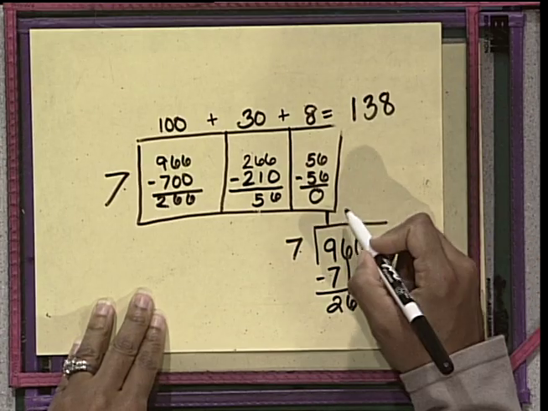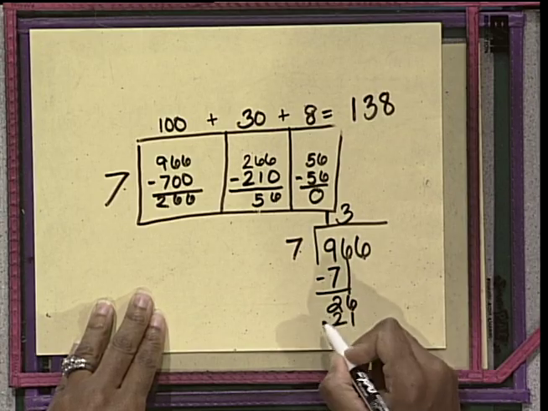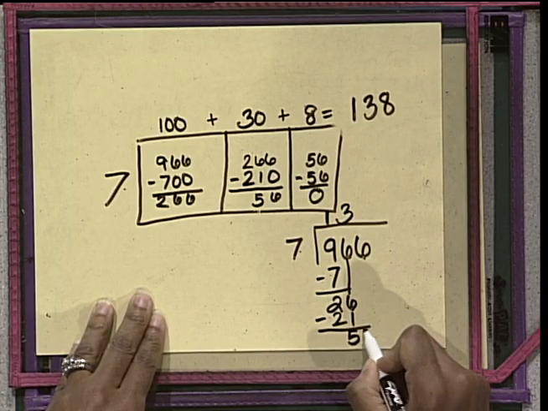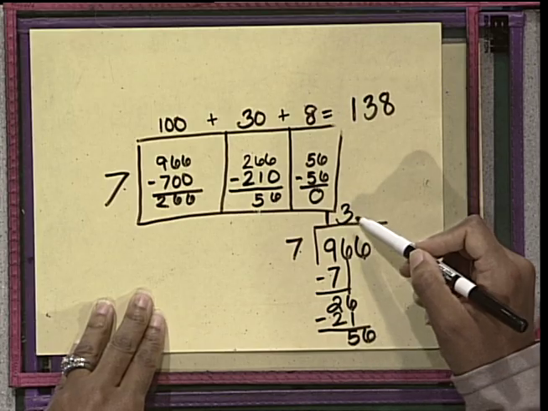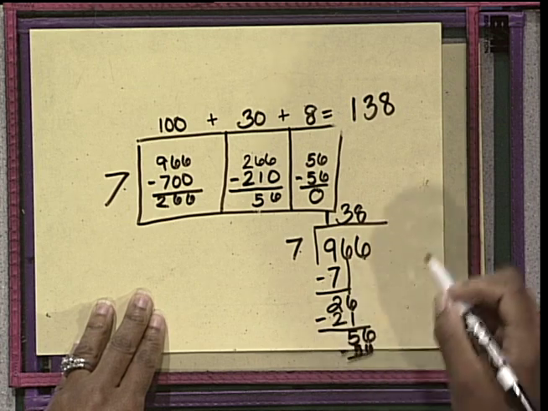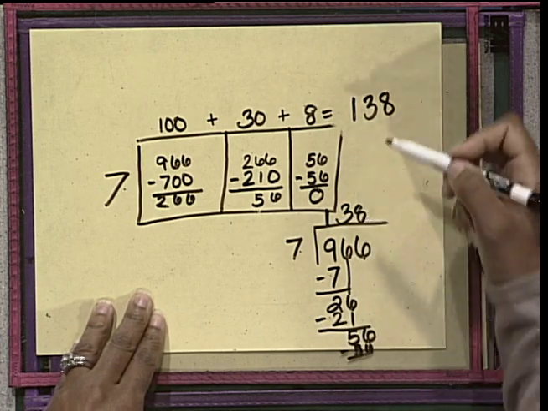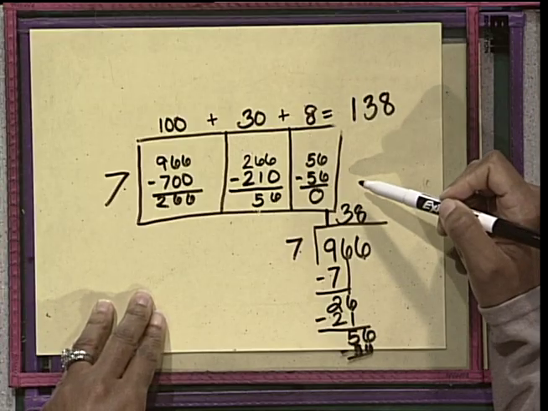That's too large. So I'm going to go down to 3. 3 times 7 is 21. Subtract. Bring down. 8 times 7 is 56. And look at that. With my standard algorithm, I have 138. With my area model, I have 138.